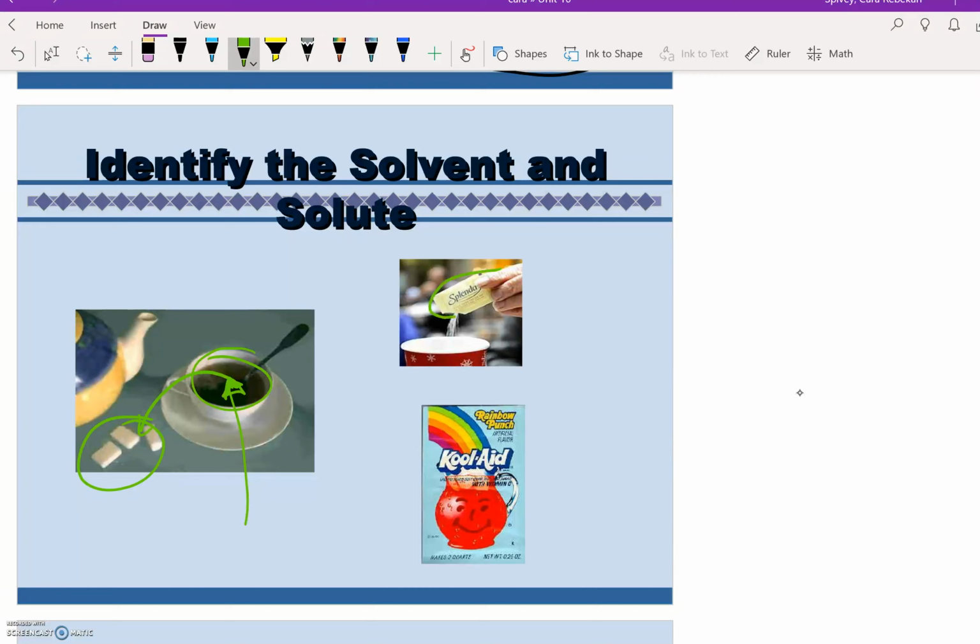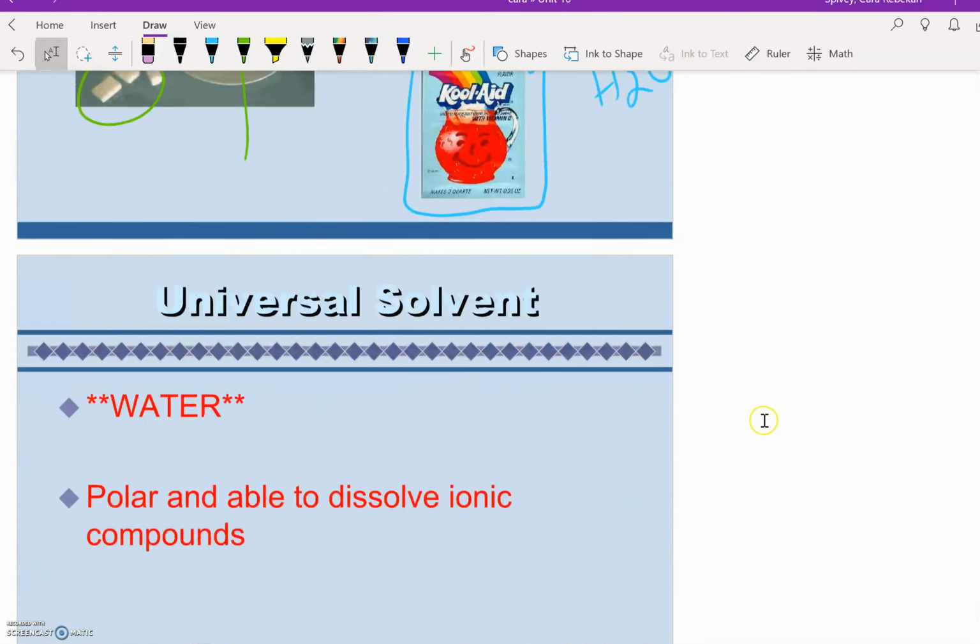Over here, the Splenda would be the solute, and the coffee that it's going into would be the solvent. Here we have a package of Kool-Aid, and the Kool-Aid mix would be the solute, and the water jug that you're putting it into would be our solvent. So those are real quick ways to tell the difference between the two.